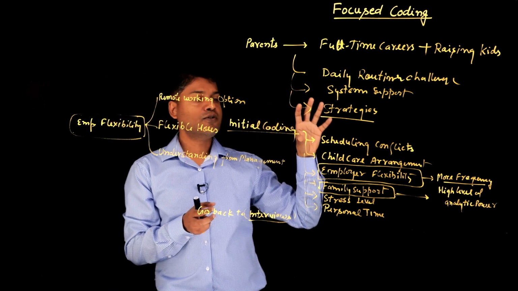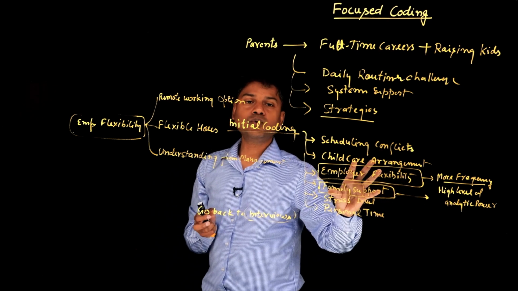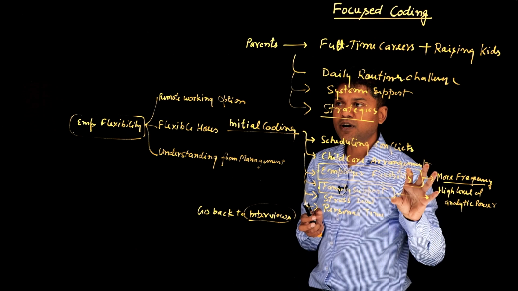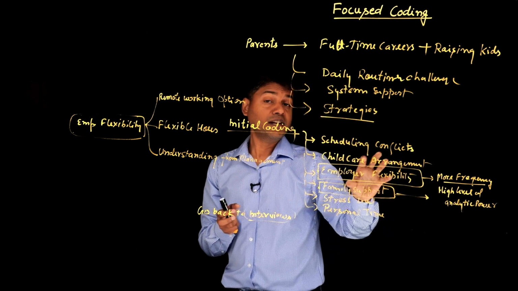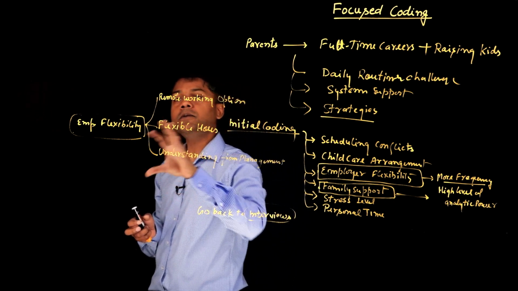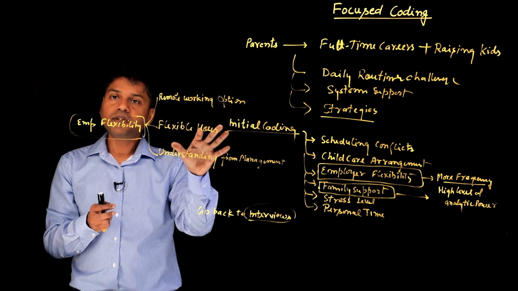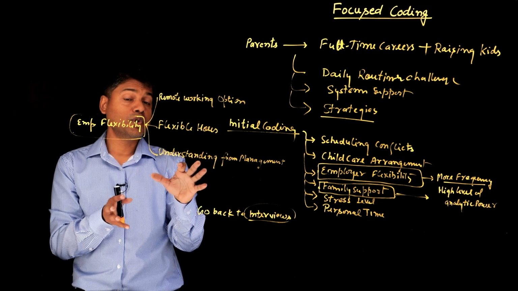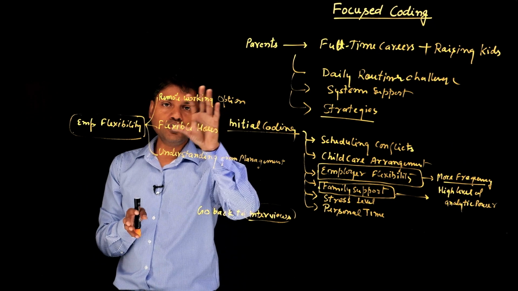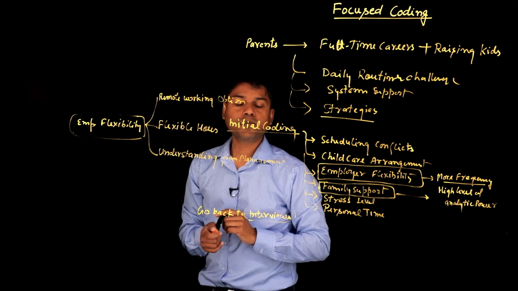We focus not on all the initial codes, but on certain codes which have high prominence, a high level of frequency, and high analytic power to explain the phenomenon. Then we go deeper into those codes, and we look at sub-themes or further coding and variations that we see across participants. And this is called the focused coding process.